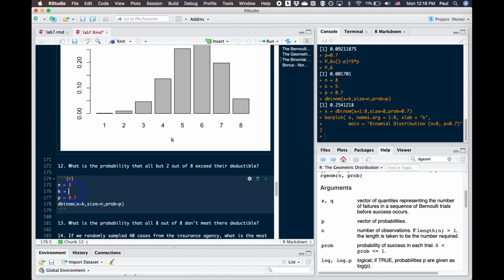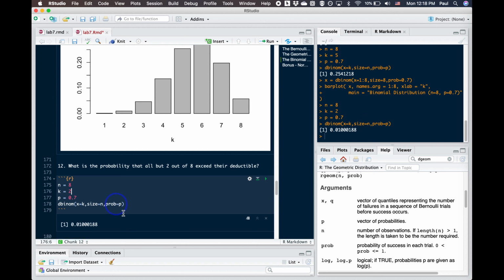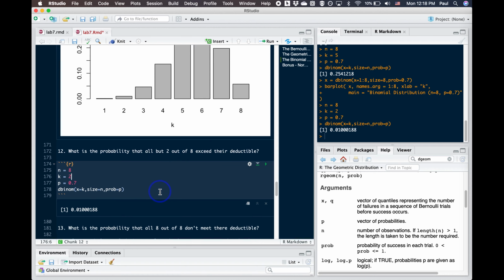That would be a lot of failures. So six people. Oh, only 2 people. Sorry, 2 not exceeding your deductible is a success. So we're looking at 2 successes in this case. So that's a little smaller probability. So 6 people exceeding the deductible is a 1% chance.